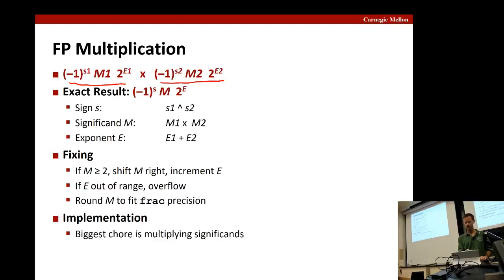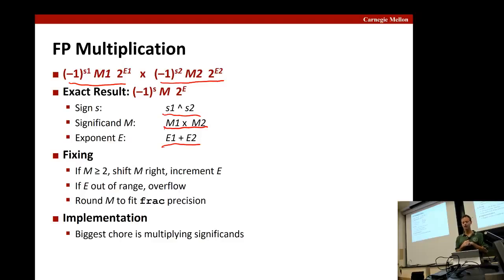We know the exact result, if we were to do full precision multiplication, would be: you take the product of the 2 significands, you take the sum of the exponents, since 2 to the e1 times 2 to the e2 is 2 to the (e1 plus e2). And for the sign, you want to take the symmetric difference: if both the signs are the same, you end up with a positive number. If one's 0 and the other's a 1, then it should be a negative number. So that's what would happen if you computed it exactly.